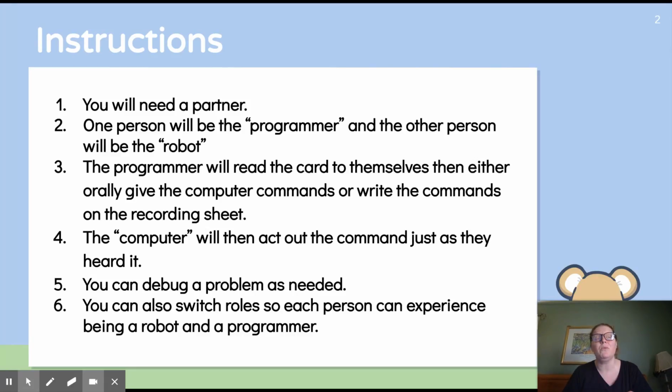Then the computer will either read or listen to the commands and act them out just as they heard them. You can then debug a problem as needed. You can also switch roles so each person can experience being a robot and a programmer.